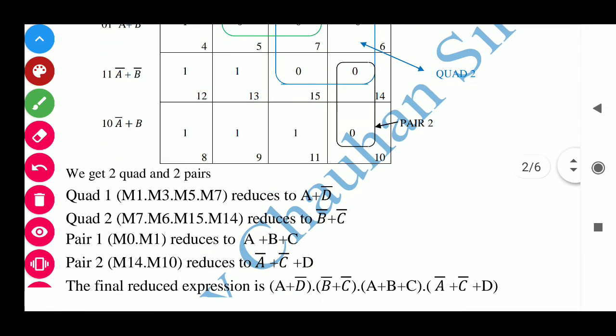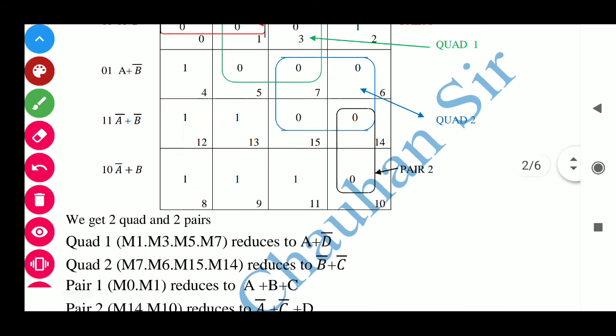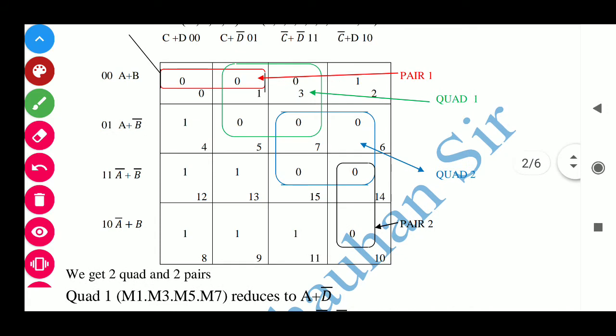You can see here quad 1. I have written there M1, M in capital letter. That means when you are using product of sum, write capital M. When you are using sum of product, then small m. So we can make one pair at the top, then a quad, then again quad 2, and one pair.